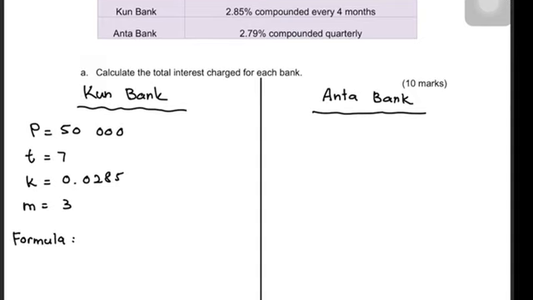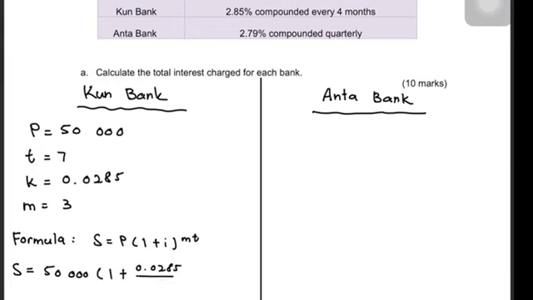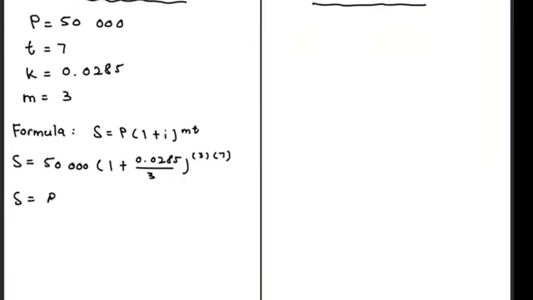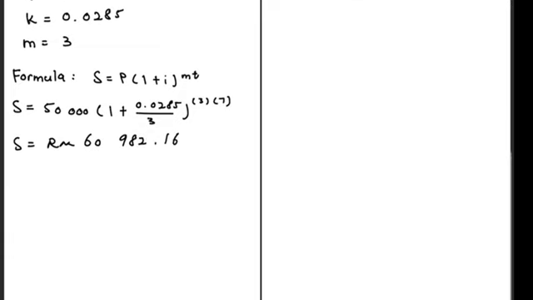The formula we're going to use is S = P(1 + i)^MT. With our information, we can fill up the formula: S = 50,000(1 + K/M)^MT, which is 0.0285 divided by 3, with the power of M, which is 3, times T, which is 7. So there you go. We got the total sum amount, which is RM60,982.16.